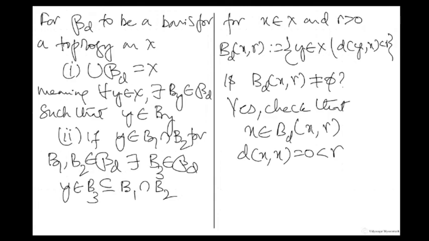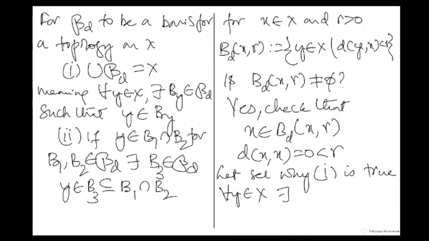So let's see why 1 is true. For every y in X, we should be able to find a B_y in B_d such that y belongs to B_y.